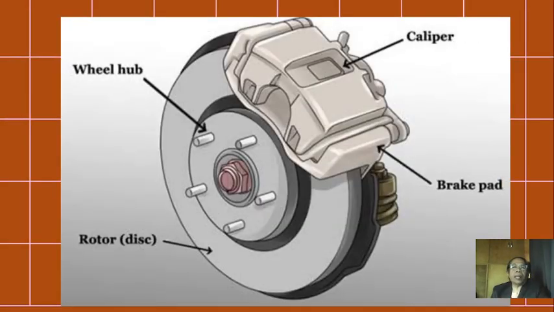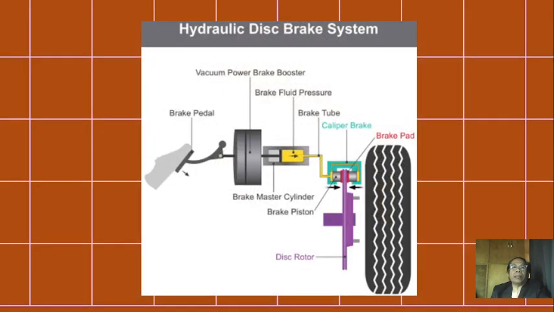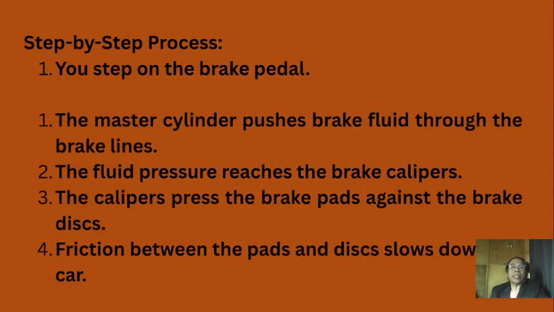You have the wheel hub, the rotor or disc, and then the caliper and the brake pad. Hydraulic disc brake system. So you have there the brake pedal and then the brake pad in our wheel, and then the step-by-step process.